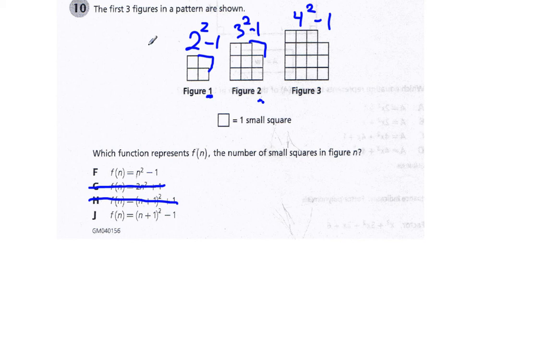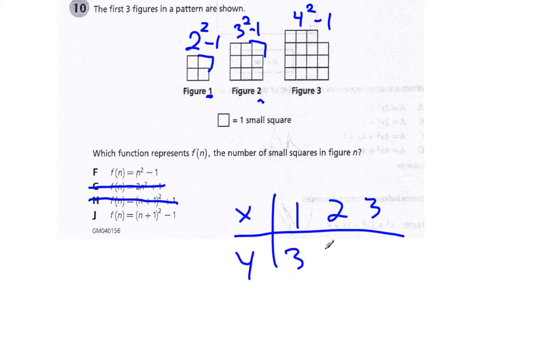It's always 1 more than that, which means our answer has to be n plus 1 squared minus 1. And if we brought back our table, x, y, 1, 2, 3, 3, 8, 15, and we tried this one, 3 plus 1 is 4, 4 squared is 16, minus 1 is 15. So that works too. Alright, that's it.